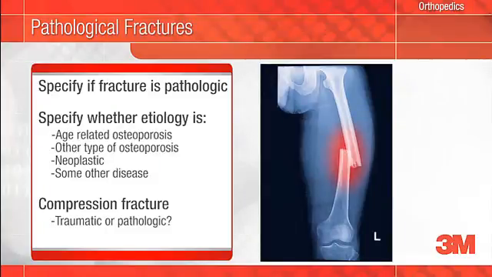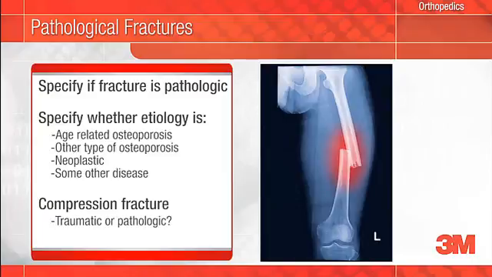Consequently, when your documentation indicates a minor fall in an elderly patient who also has osteoporosis or other disease affecting the bone, the question arises as to whether this should be coded and reported as a pathologic or traumatic fracture.